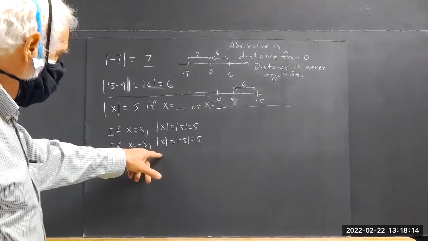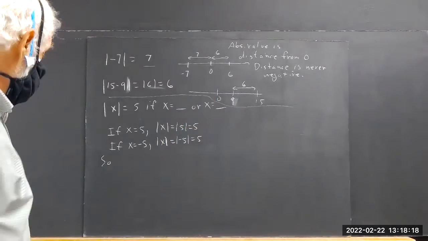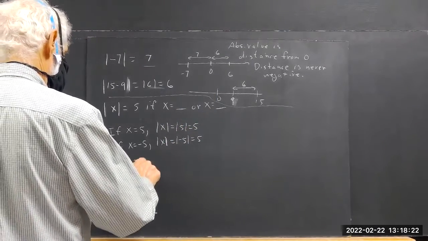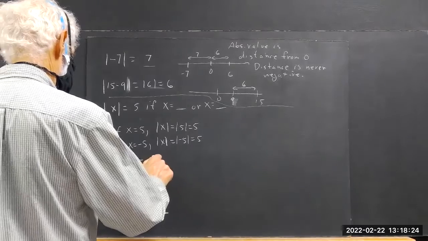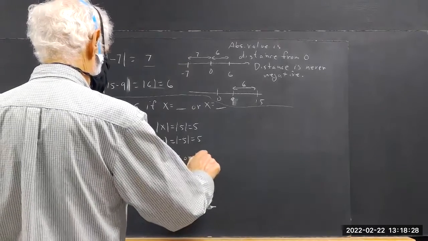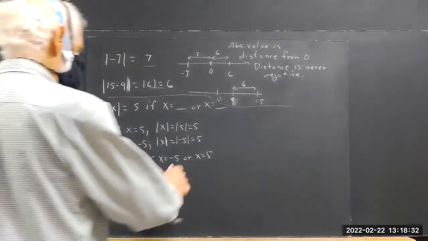If x is -5, the absolute value of x is the absolute value of -5, that's 5, right? That "or" is a big deal.